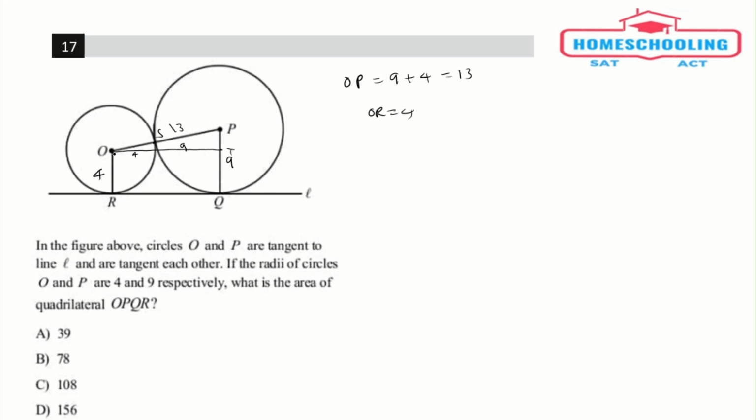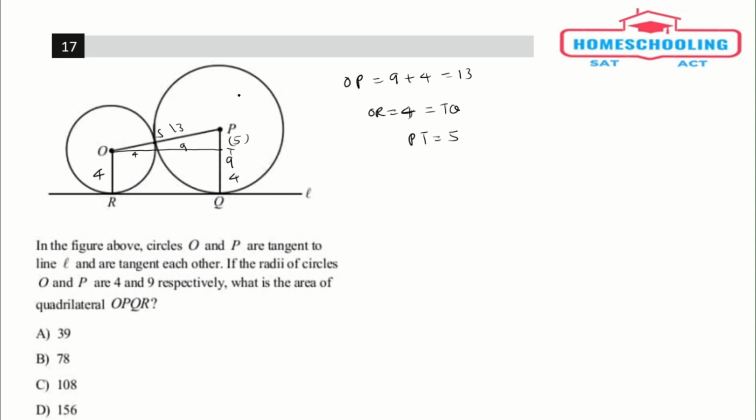Similarly, if we make a line parallel to L from O to T, it forms a rectangle, so these two sides will be equal, so TQ equals OR, which is 4. We know that PQ was 9, the radius of the larger circle, so if QT is 4, then PT would be 5.